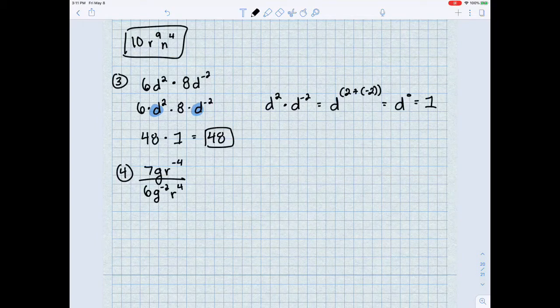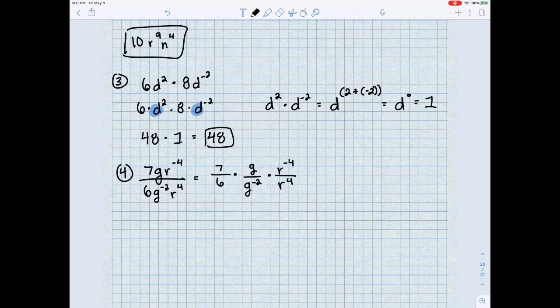Okay, let's break this apart. So I'm going to split this into 7/6 times g over g to the negative second times r to the negative fourth over r to the fourth. You can split apart a problem like this just like this.